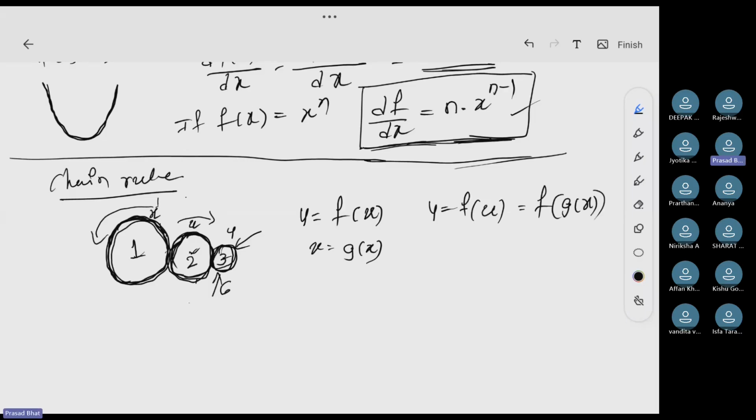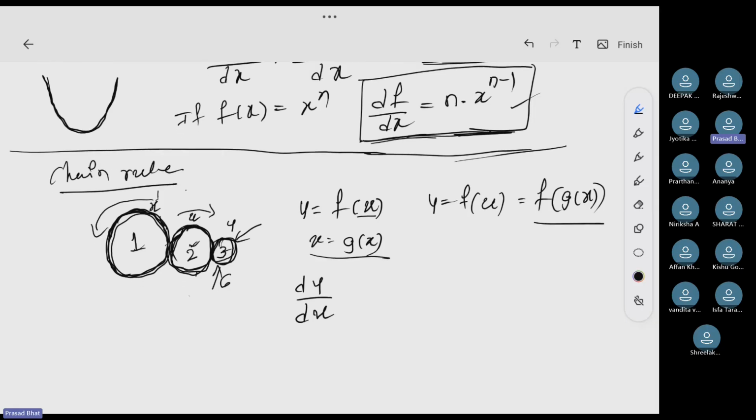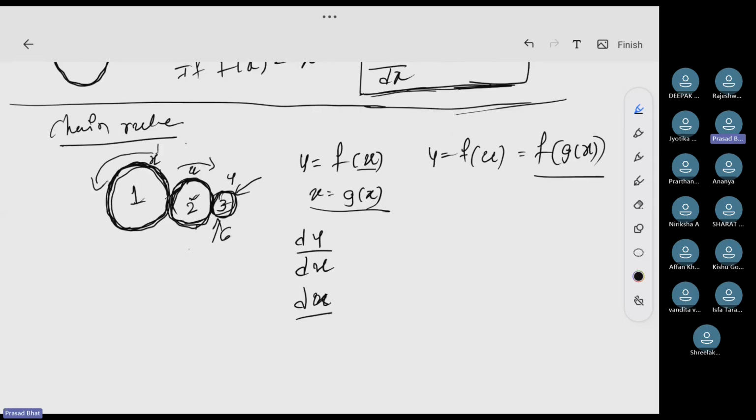Now, if I want to find out how y is changing with respect to u, I can take the differential dy by du. However, if I want to find out how u is changing with respect to x, I can take another differential, du by dx.